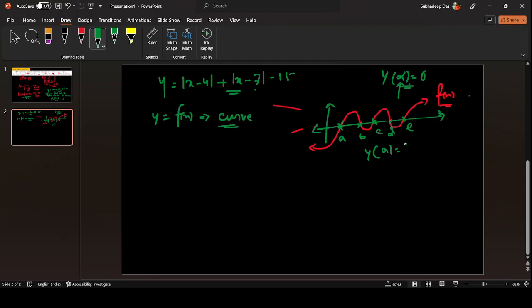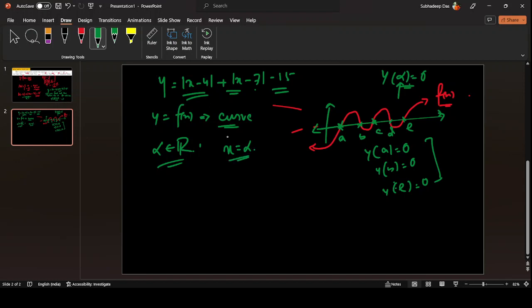So we can say y(a) = 0, y(b) = 0, and so on, y(e) = 0. To find the zeros of this function, we look at the number of points at which this curve cuts the x-axis. So we try to find those alpha belonging to the real numbers for which this function cuts the x-axis at x = alpha.